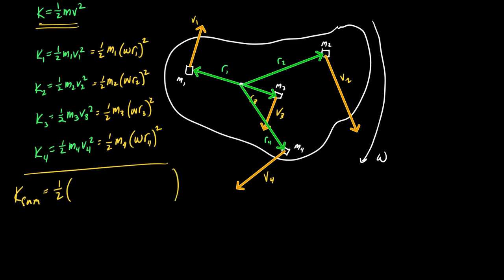I'm also going to notice that all the terms have an omega squared in them. You guys see that too? So I'm going to pull out the omega squared here. What I'm left with inside is m1r1 squared plus m2r2 squared plus m3r3 squared, and so on.